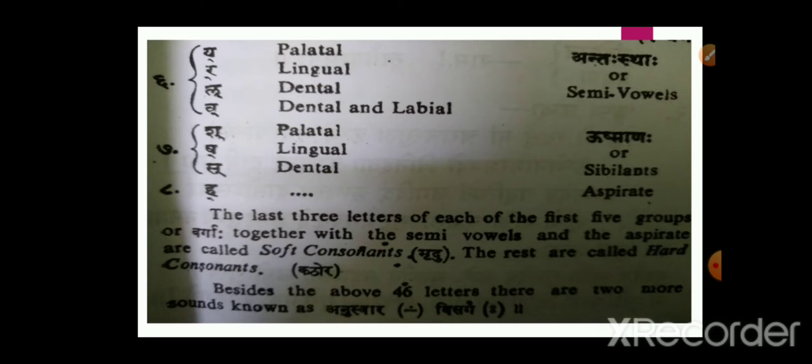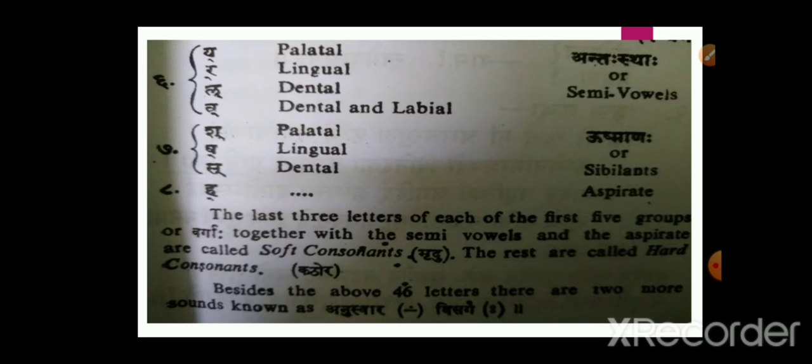Why does it come under both dental and labial? While we are pronouncing the letter Va, the tongue tip is touching the upper teeth, and also the sound is coming from the lips.